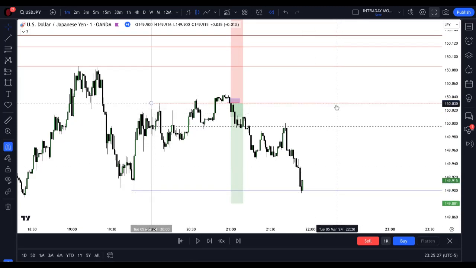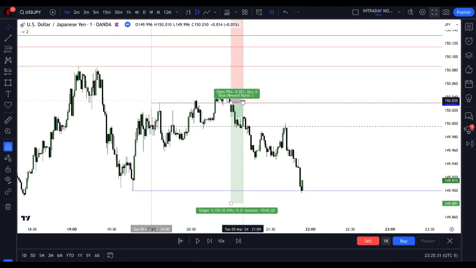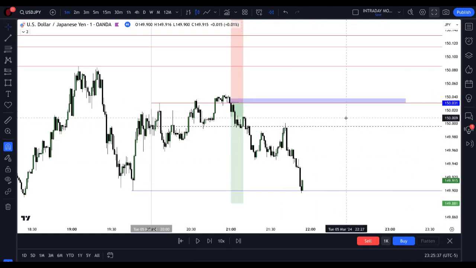That might be a question a lot of people have. I'm not waiting for price to return back into this fair value gap and go short. I don't want to see price get back up into here after price gets down here and look for another short. Not at all. I'd rather look for a buy opportunity.